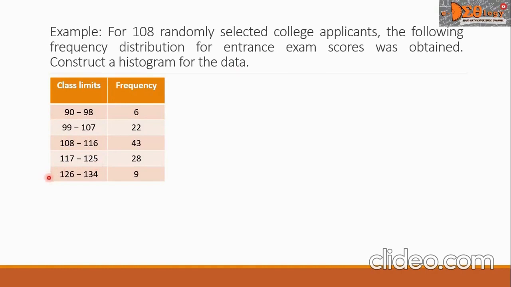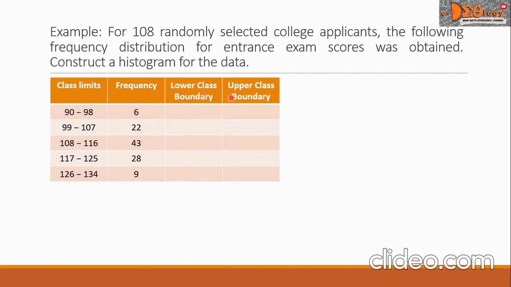The last class interval is from 126 to 134. The second column is for frequency. There are 6 observations for the first class interval: 22, 43, 28, and 9 for the other class intervals, respectively.